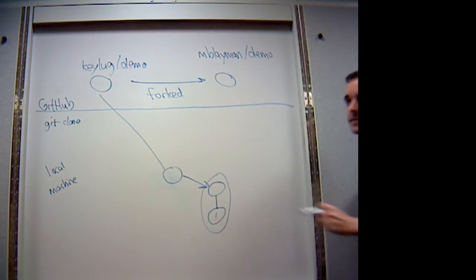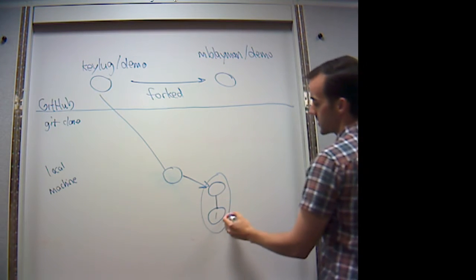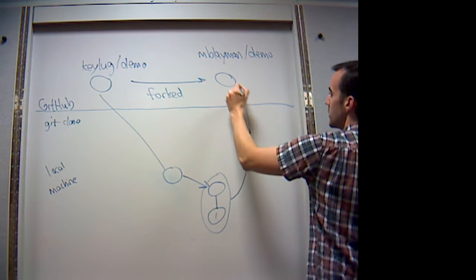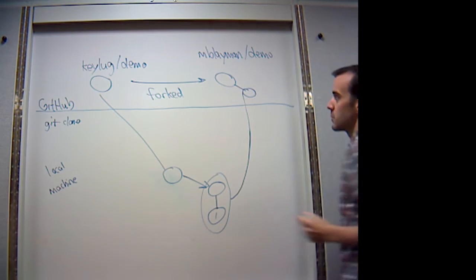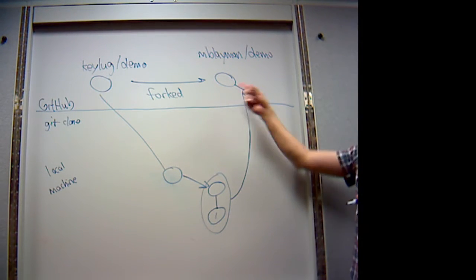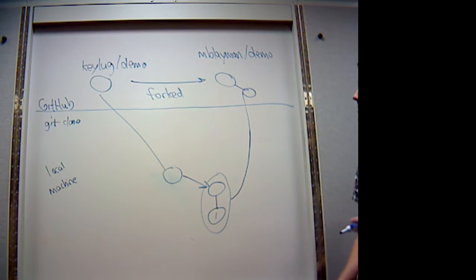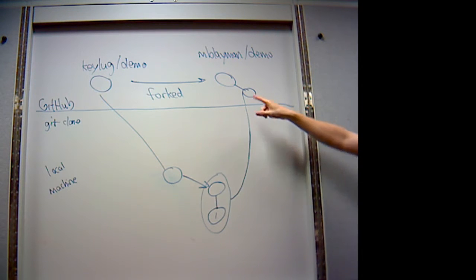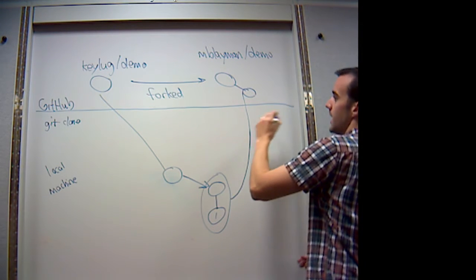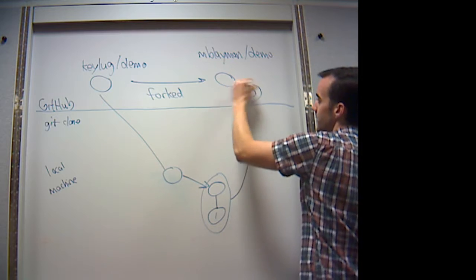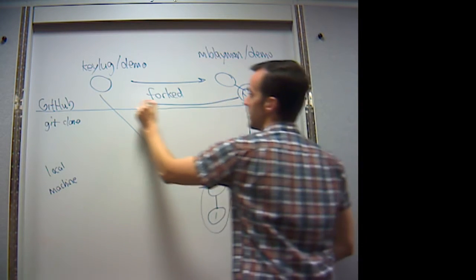But I don't have write access to that, so I can't just push up that branch. So what I'm going to do instead is take this and push it up here, and it becomes a branch off of my online version, basically. There's a set of tools from this step that GitHub has that will help me get this branch into here.